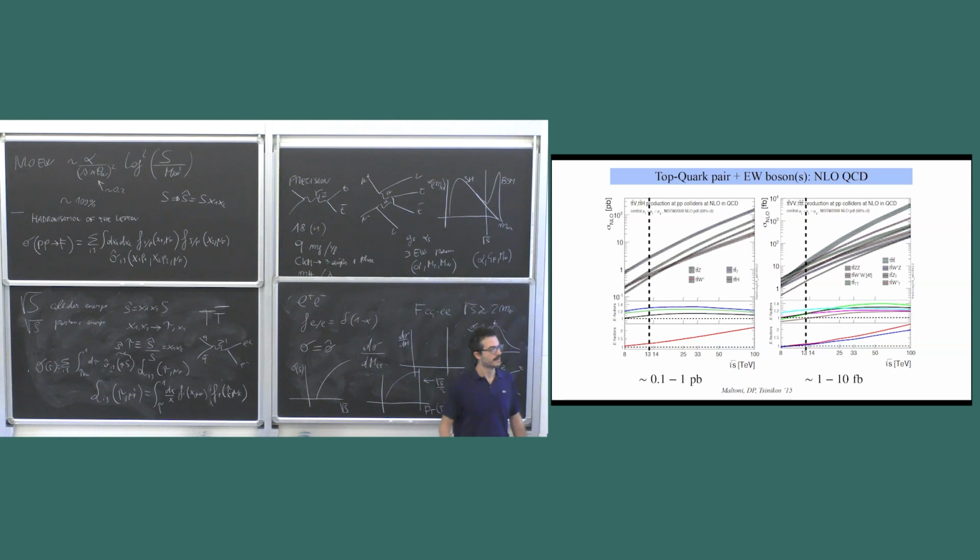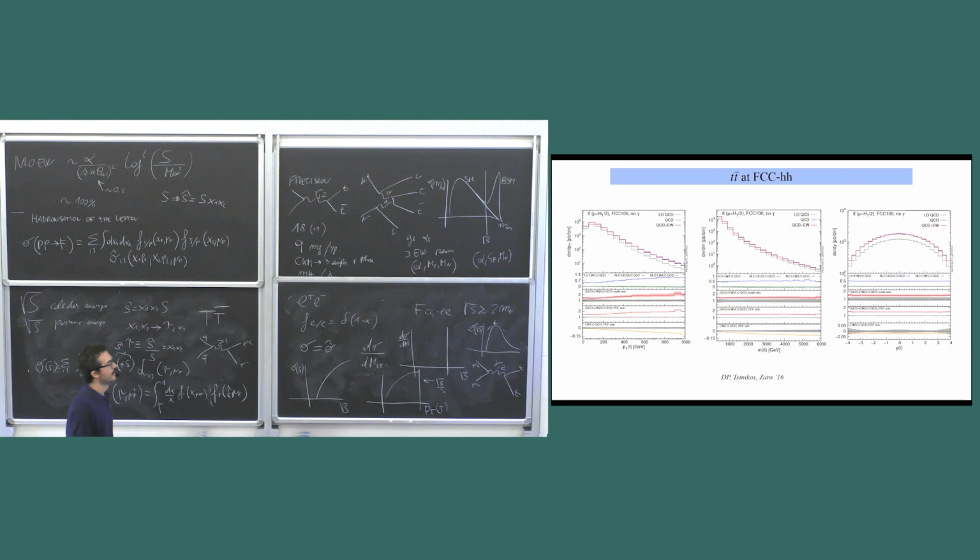So actually, it's the opposite of what you saw in the proton-proton collider. If you look at TT-bar, you are dominated at small pT. Again, here you have a spectrum. Here that is different. You can have hard top. You have many top that have the energy of the collider.